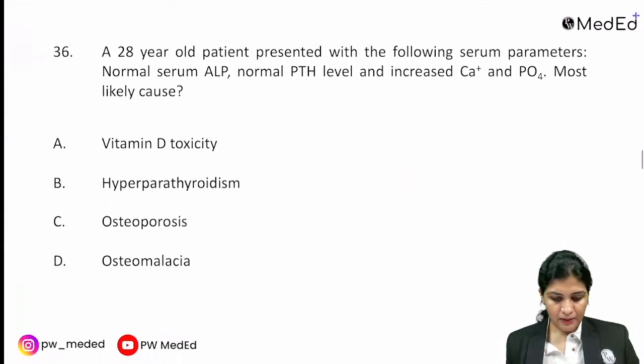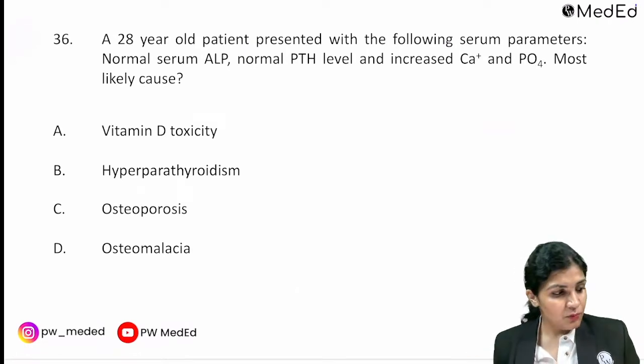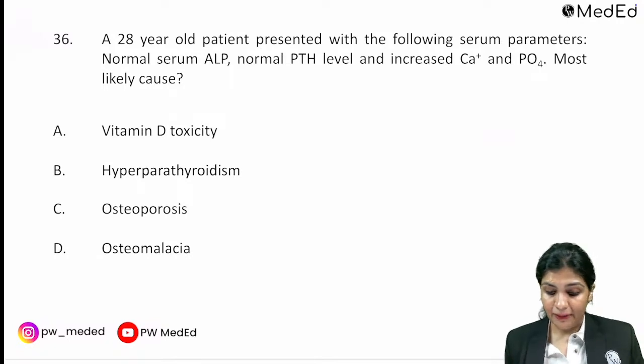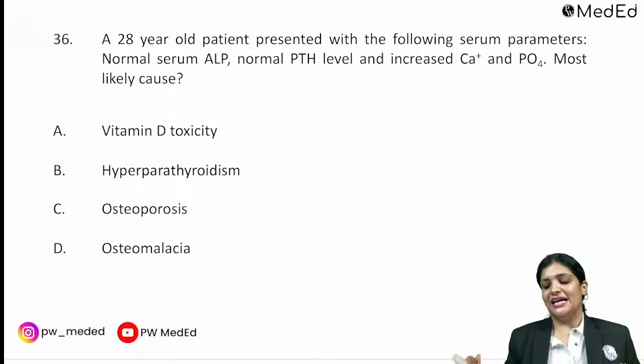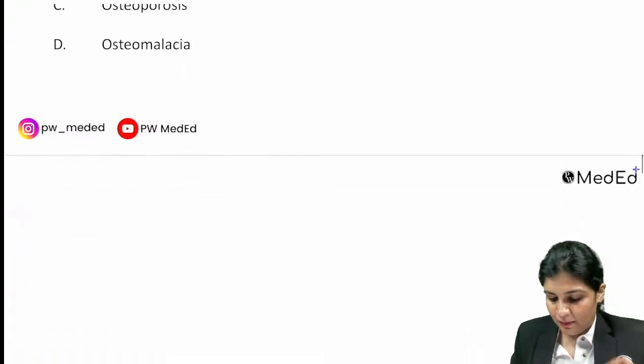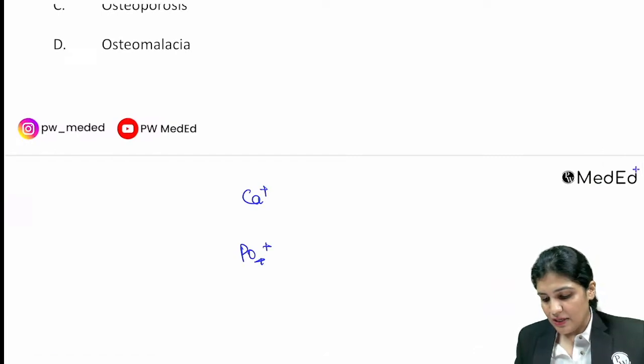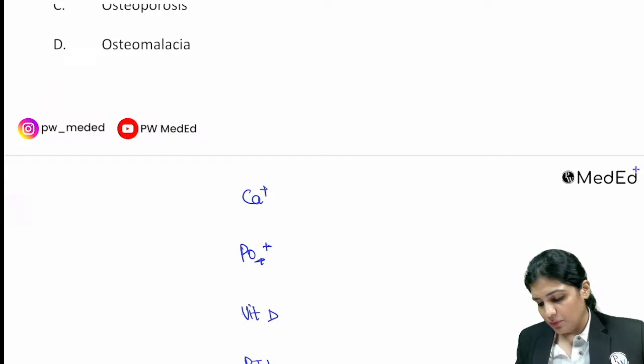So next, a 28-year-old patient presented with the following serum parameters: a normal serum ALP, normal PTH, increased calcium and increased phosphate. So for any metabolic disorder, first you have to look for calcium, then phosphate, then your vitamin D, then your parathormone, and ultimately your alkaline phosphatase.